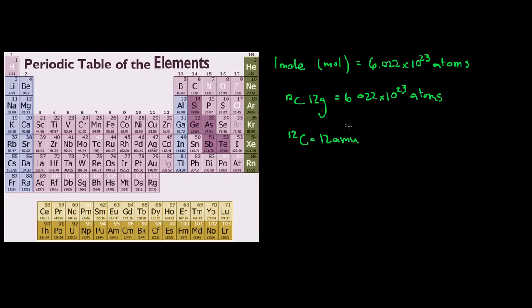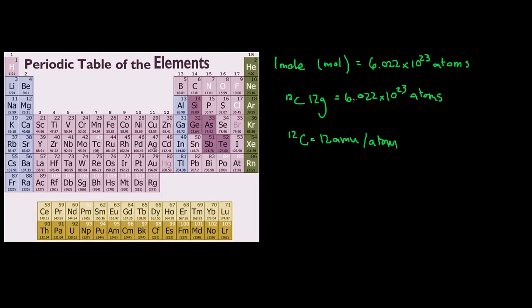So 1 atom of carbon-12 has an atomic mass unit of 12. And all of the other elements' masses are based off of carbon-12. They're all ratios of carbon-12, which is based on 12 atomic units.